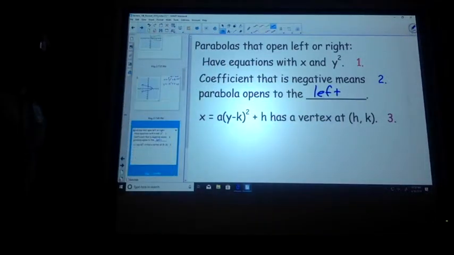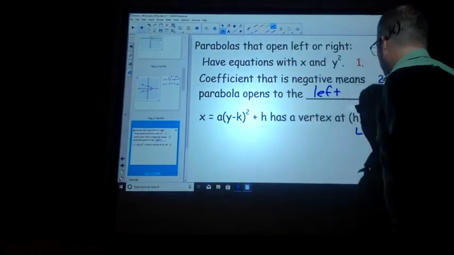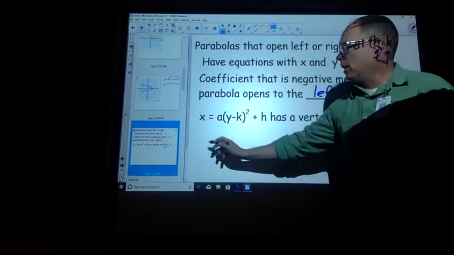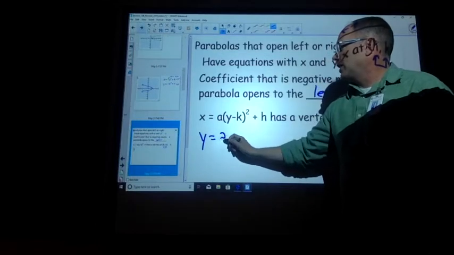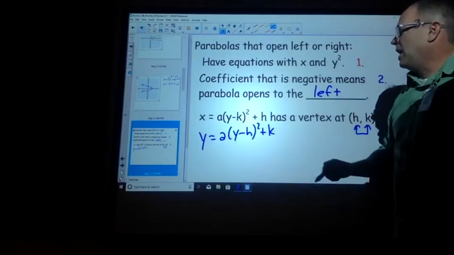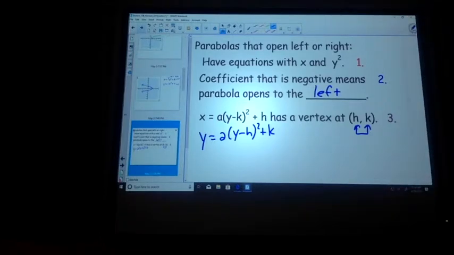Okay, so x equals a quantity y minus k squared plus h has a vertex at h, k. Notice this is kind of flip-flopped. Normally, if we have a parabola in vertex form, it's this. You see how things flip-flopped with the letters, the h and the k? So this is how it traditionally is.